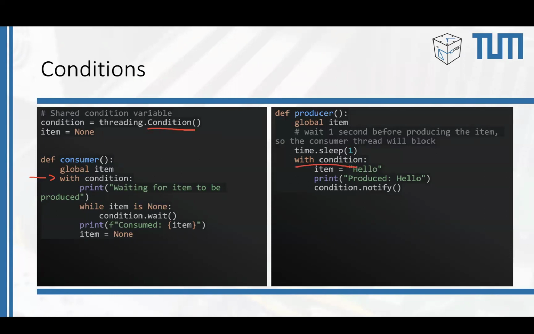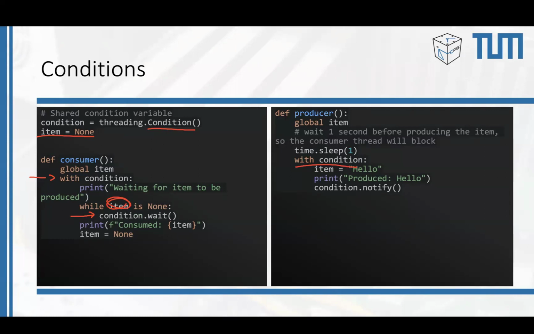So it's a lock behind the scenes. But it has a special method, condition.wait, that will release that lock. So, for example, in this case, you are checking that an item has been sent to you, right? Item is this global variable. If the item is None, I wait, and I give the producer time to produce the item. And then I check again.